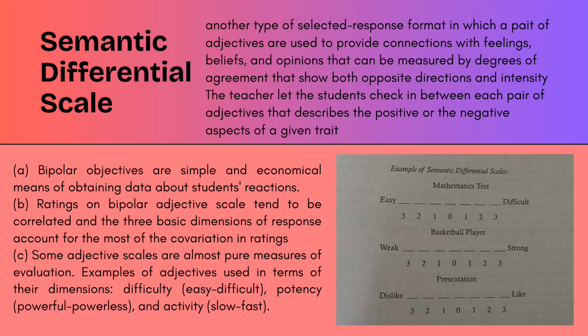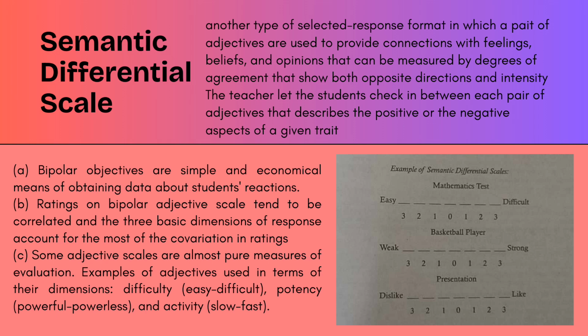There are also three things to consider when writing a semantic differential scale. First, bipolar adjectives are simple and economical means of obtaining data about students' reactions. Second, ratings on a bipolar adjective scale tend to be correlated on the three basic dimensions of response, which account for most of the variation in ratings.